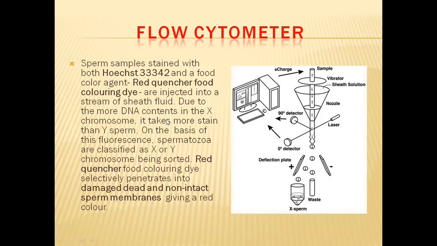Red quencher dye will be received by useless sperms, and X and Y chromosomes will receive Hoechst 33342 dye. Depending on the DNA content, X chromosome will receive more Hoechst 33342 dye than Y chromosome. Why? Because Y chromosome has less DNA content.